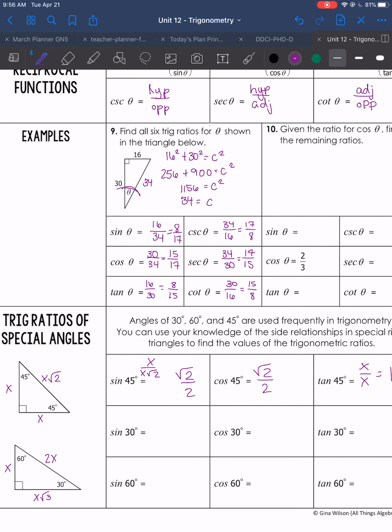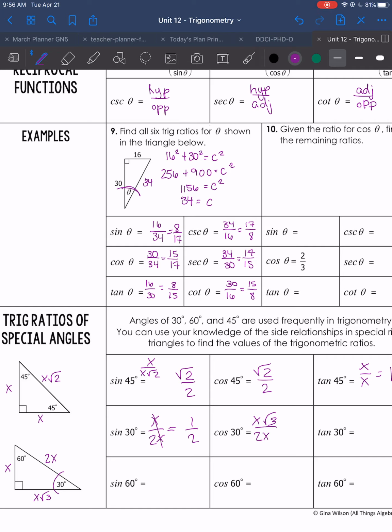And then we're going to do sine of 30. So we're gonna use this angle here. So sine of 30 is opposite over hypotenuse. So x over 2x. So the x's go away and I get 1/2. Cosine of 30 would be x over square root of 3 over 2x.